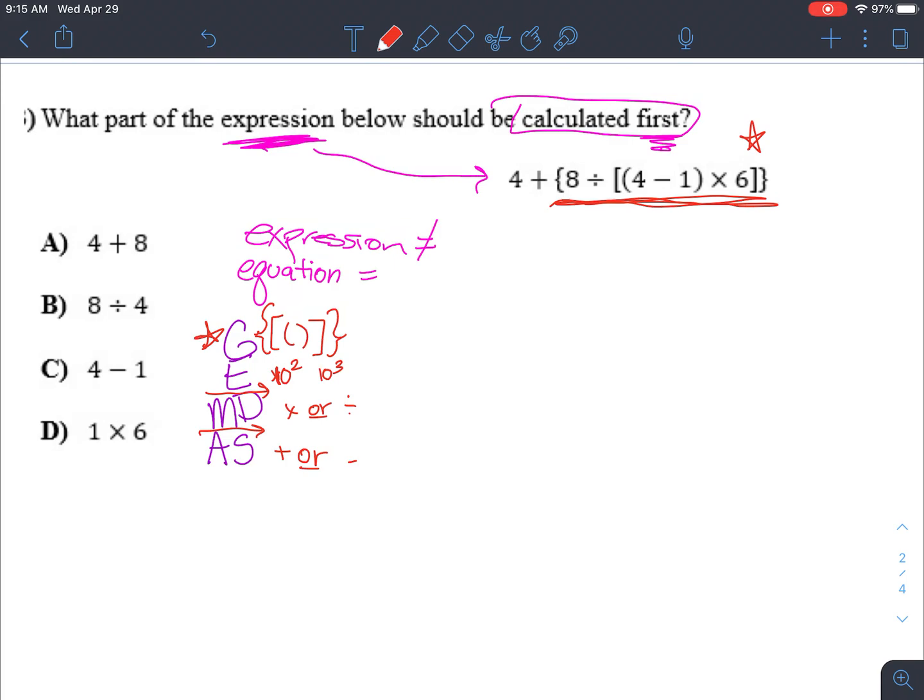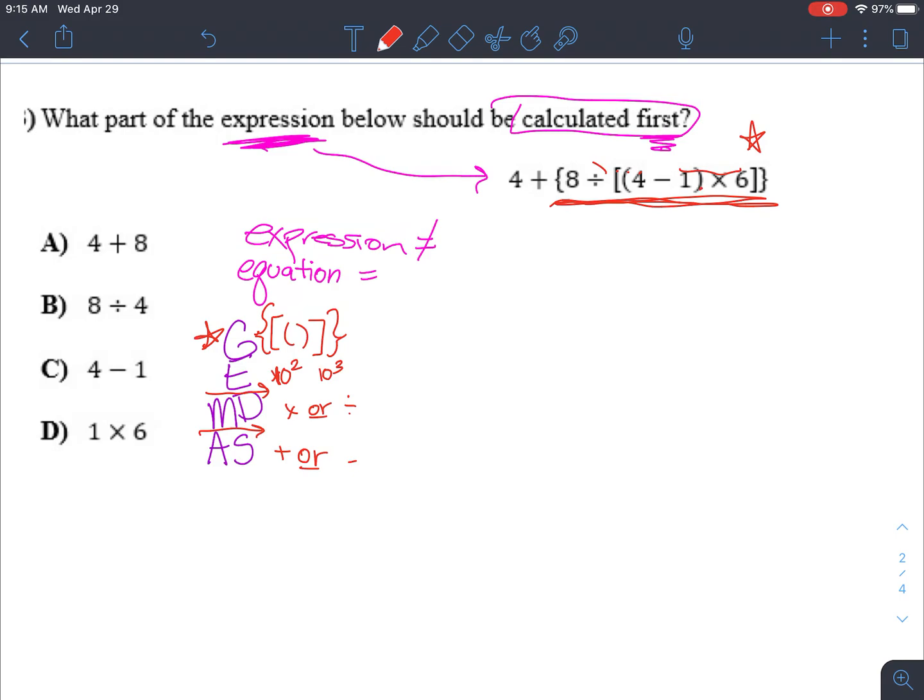So I see this 8 divided by something. I don't know what I'm dividing by yet, so I know that's not going to make sense to go first. And this 4, if you say 8 divided by 4, it's in a bracket and a parentheses. It's hiding from the 8. We can't do that yet. If I choose the 1 times 6, kind of the same problem. That 1 is still in a parentheses.